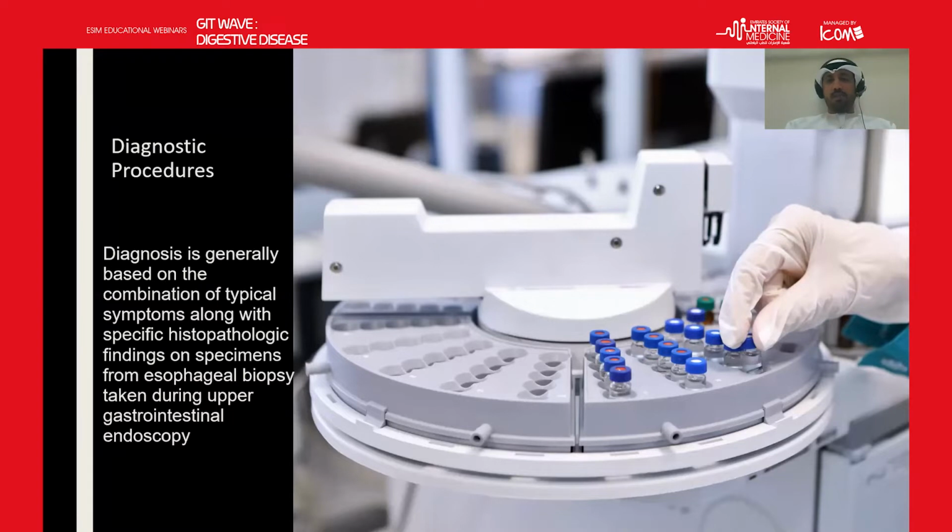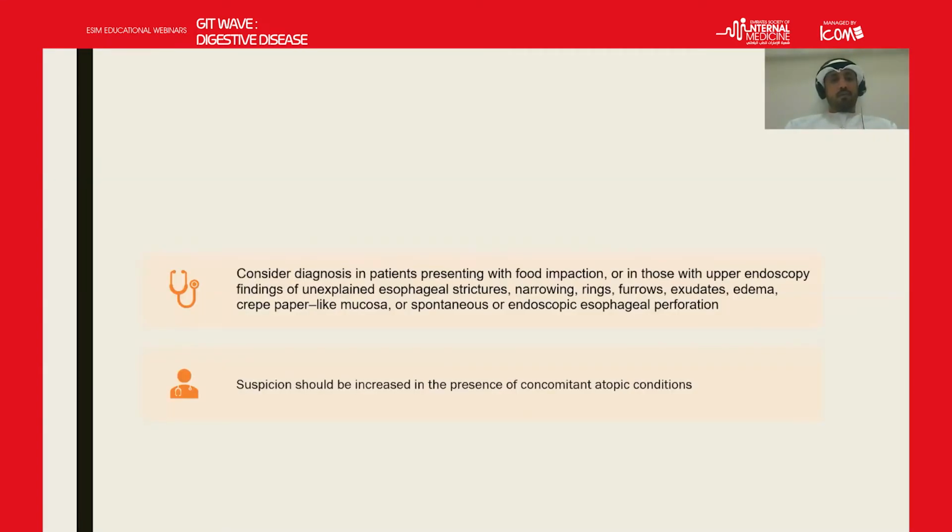As you see in these slides, the diagnosis is generally based on a combination of typical symptoms and specific histology findings on a specimen during an upper endoscopy. So consider the diagnosis in a patient presenting with food impaction, or in those with upper endoscopy findings of unexplained esophageal strictures, narrowing, a ring, furrows, exudate, edema, crepe paper-like mucosa, or a spontaneous or endoscopic esophageal perforation happening while you are performing an endoscopy.